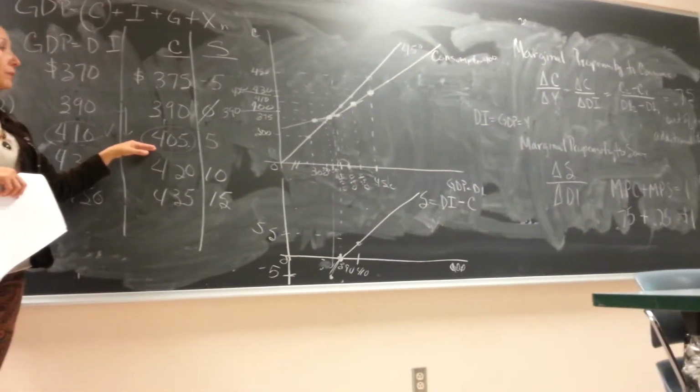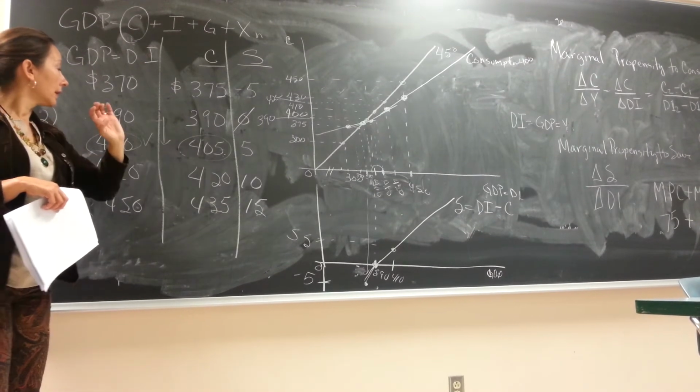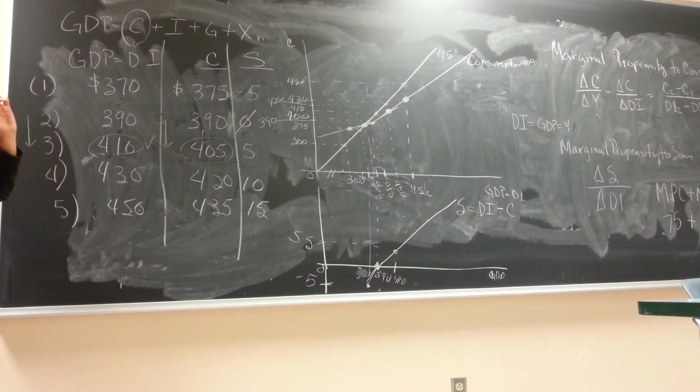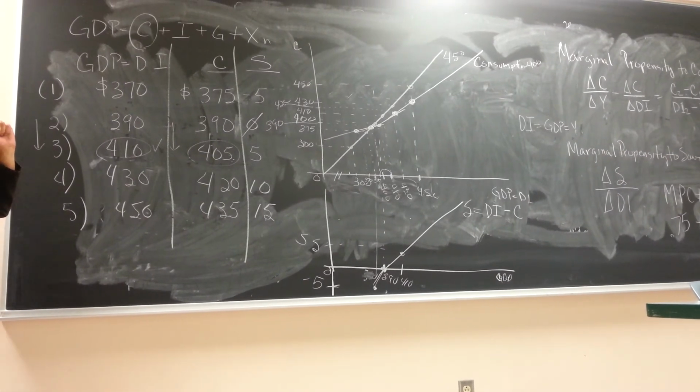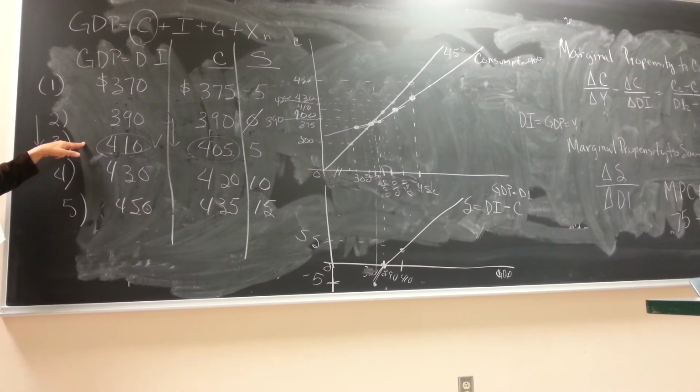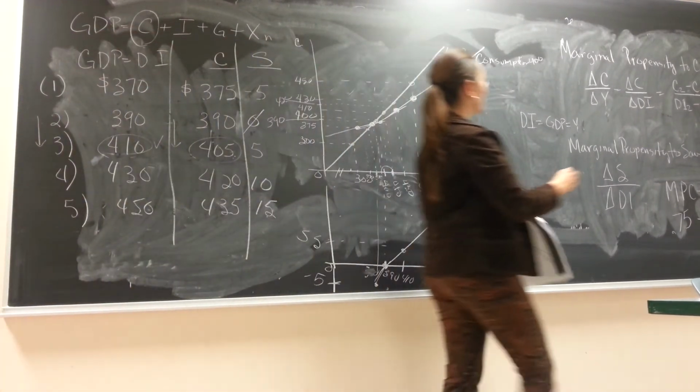And our C1? 390. Okay, so we plug those values in, and then our disposable income 2 is 410, and our disposable income 1 is 390. So we're going to plug those values in.